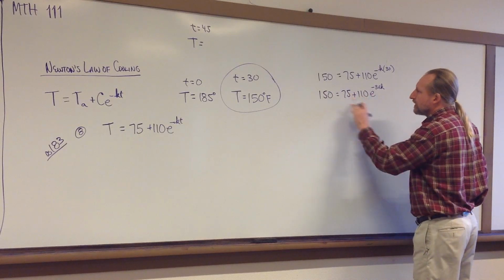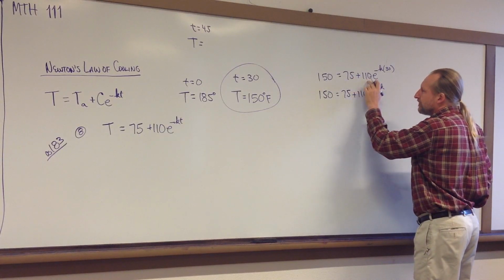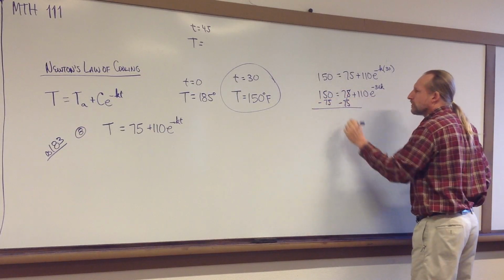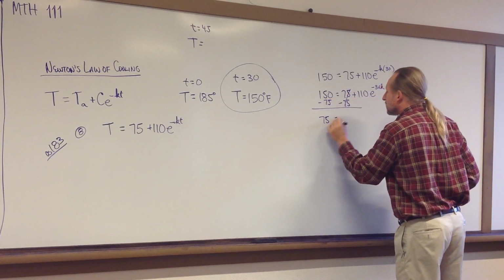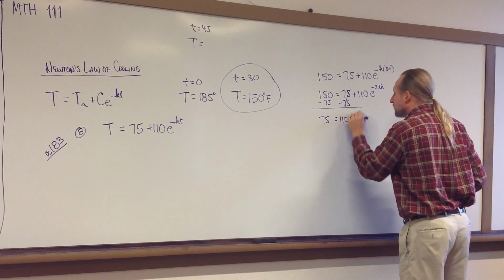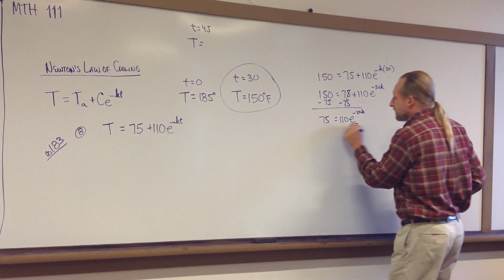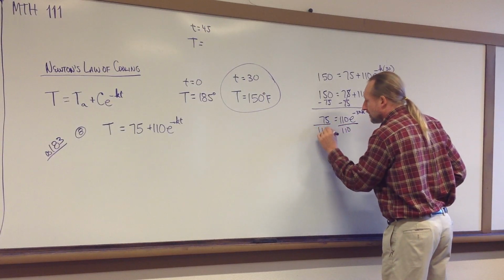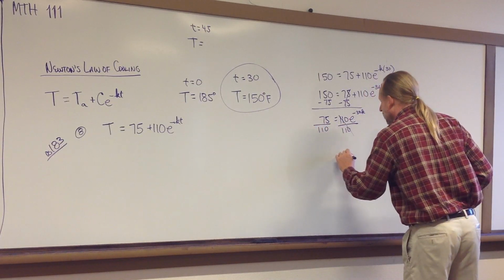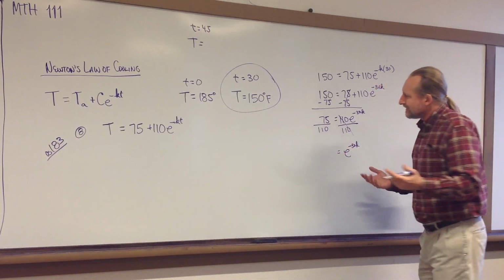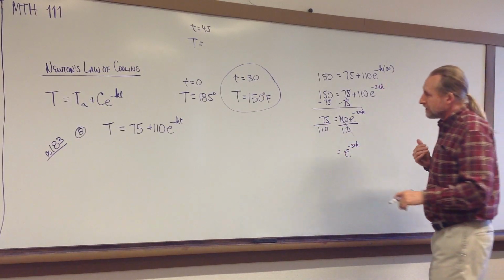So let's get rid of the 75 and the 110 first. We're going to subtract 75 on both sides. So that'll be 75 equals 110 e to the minus 30k. And then we have to divide on both sides by 110. So e to the minus 30k is 75 over 110.